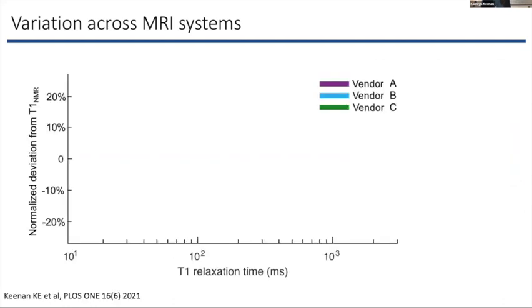So what I'll show here is the results from that study. The y-axis is the deviation from the NMR or NIST known value, and the x-axis is the different T1 relaxation times in the phantom. We looked at approximately 24 systems from 3 different vendors, and all of this data is at 3 Tesla.